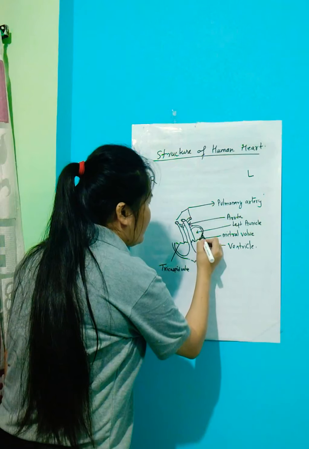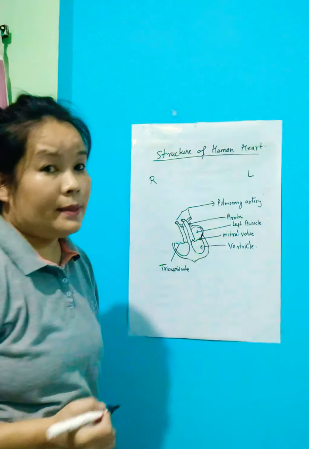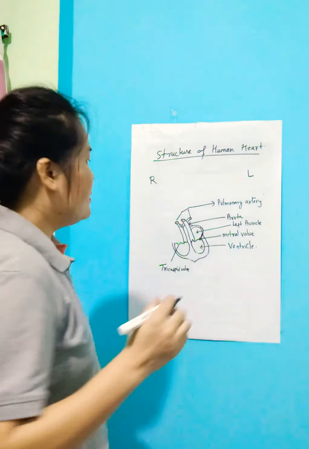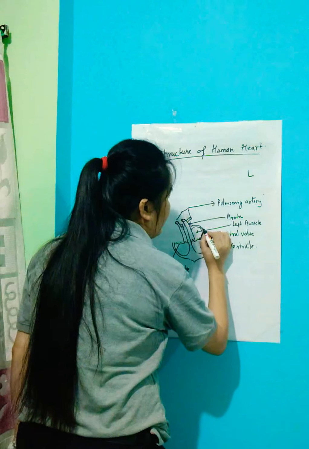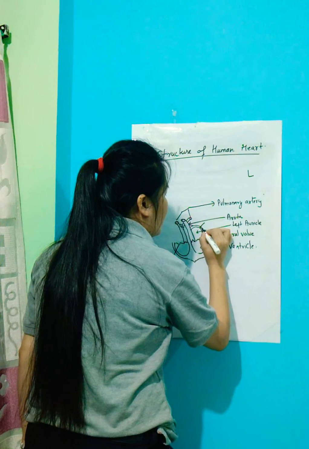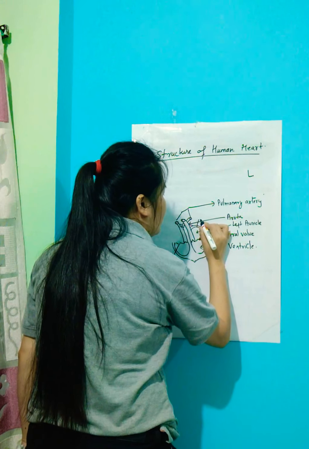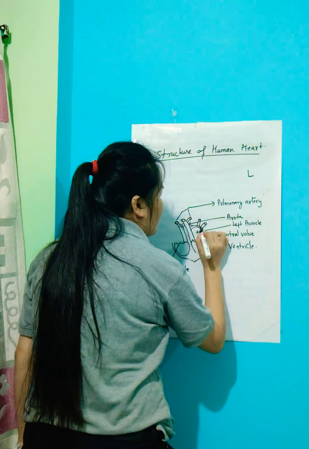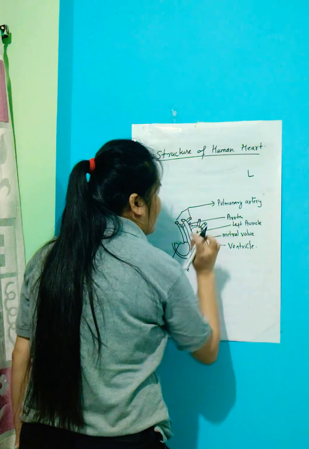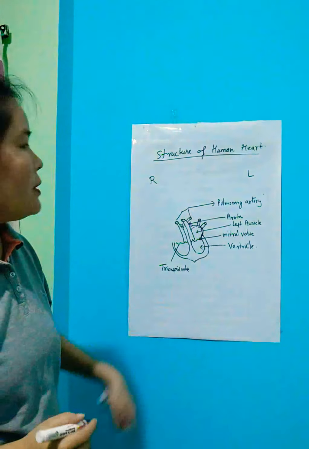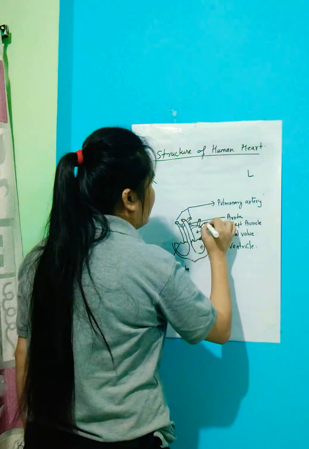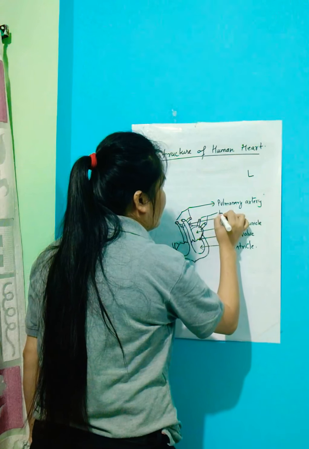Here the left auricle opens to the pulmonary veins. There are 4, but I am drawing only 2 here. So these 2 are your pulmonary veins.